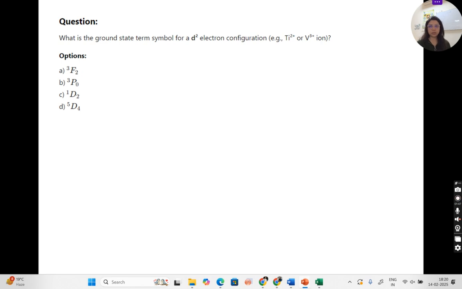So in the case of D2, what could be the ground state term symbol? Take 1 or 2 minutes to calculate the ground state term symbol, then we'll solve it here.